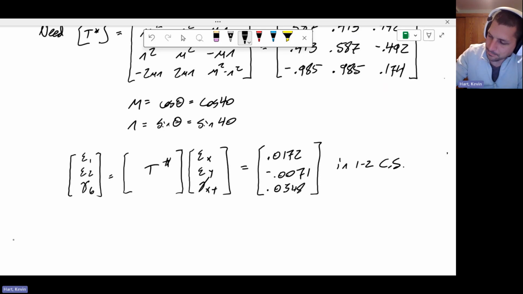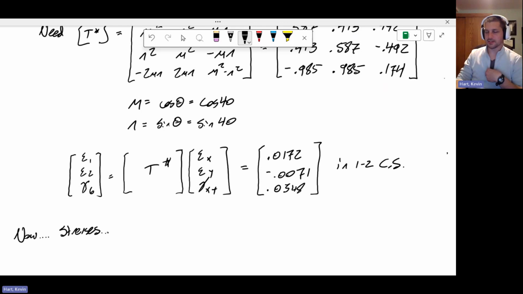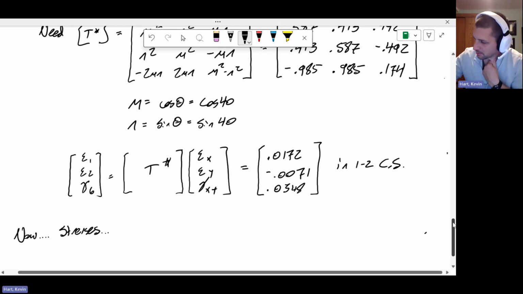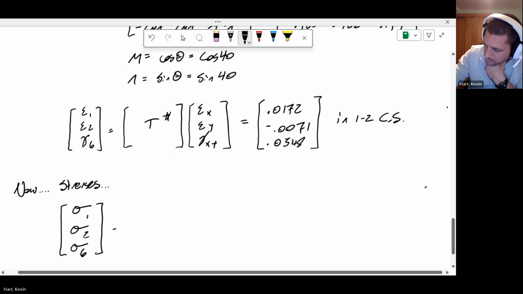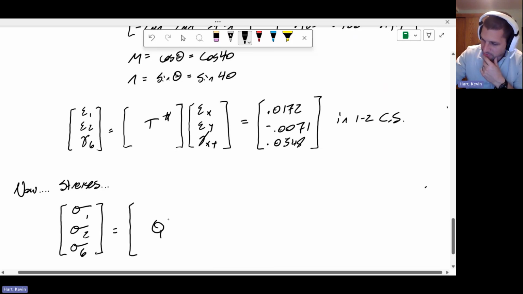Now look at the stresses given these strains. The stresses pretty simply are going to be the stiffness matrix, that capital Q matrix, which is above. It was given.